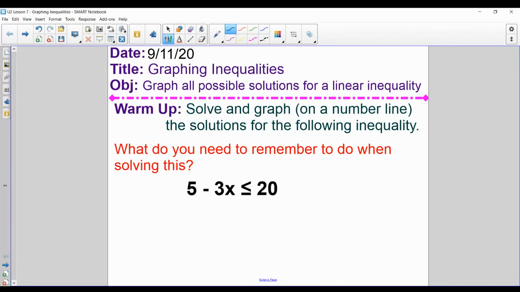But when we are solving inequalities with just one variable, all we're doing is getting the x by itself. So I'm going to subtract the 5. So I've got negative 3x less than or equal to 15.